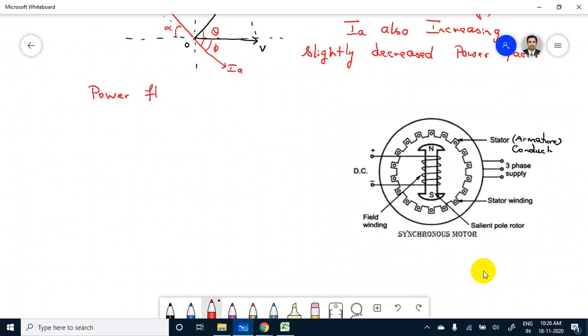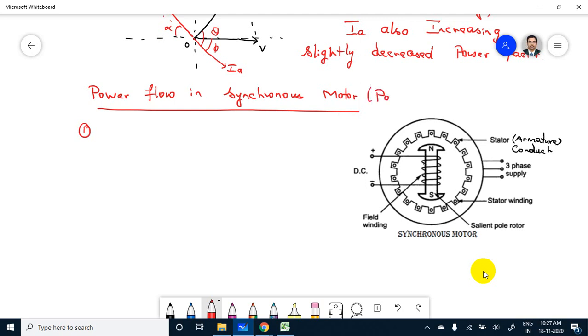Power flow in synchronous motor. First step. The other name for this will be power stages. We can take power stages.